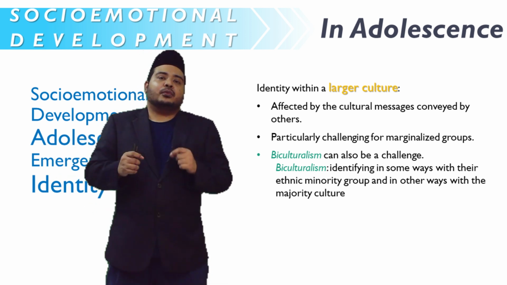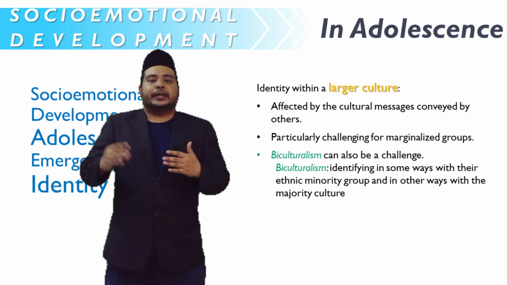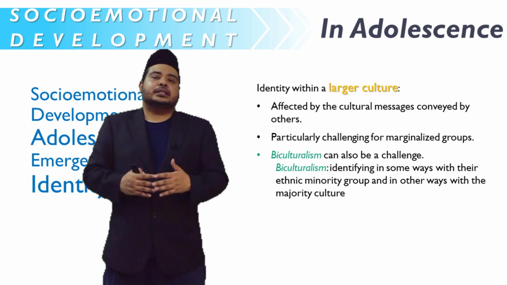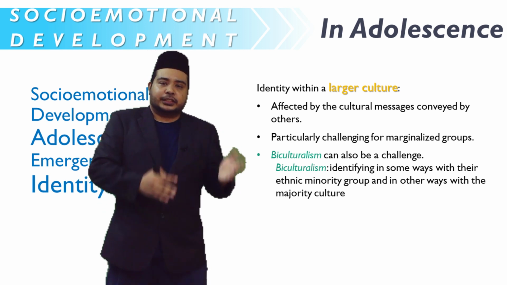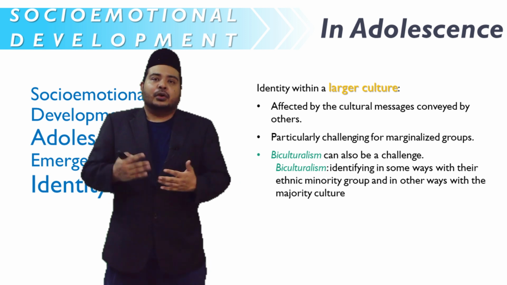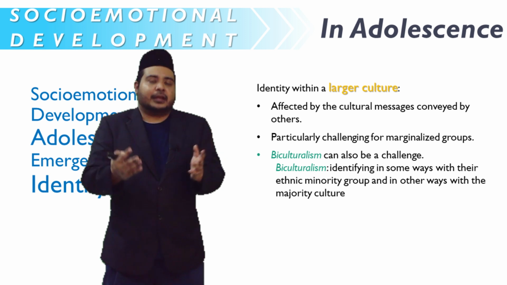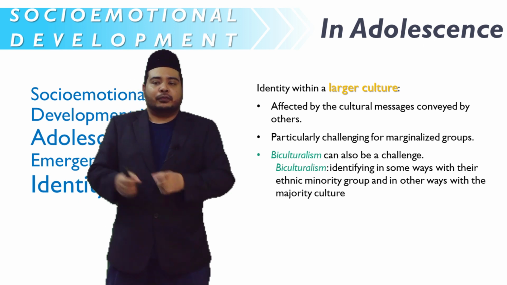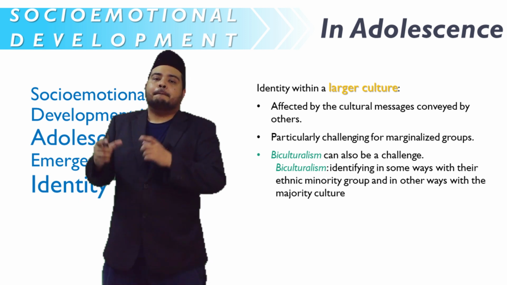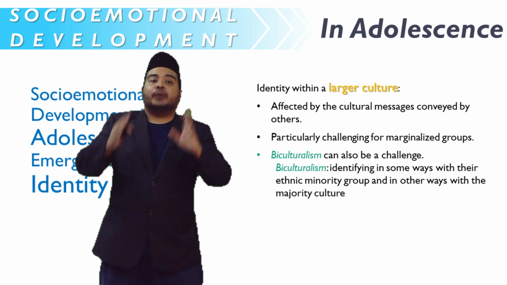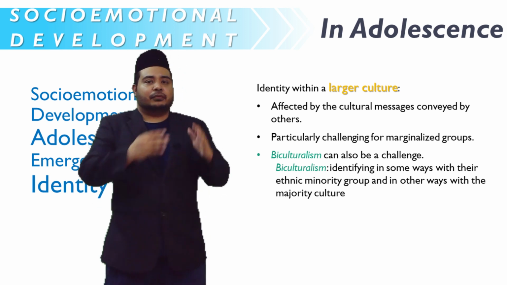So when they want to establish their identity, they will face challenges. Why? Because they have two cultures, which we call biculturalism. They have to decide whether to take on the cultural values, norms, and traditions of their own small or minority group, but at the same time try to embrace the values, norms, and traditions of the bigger group.